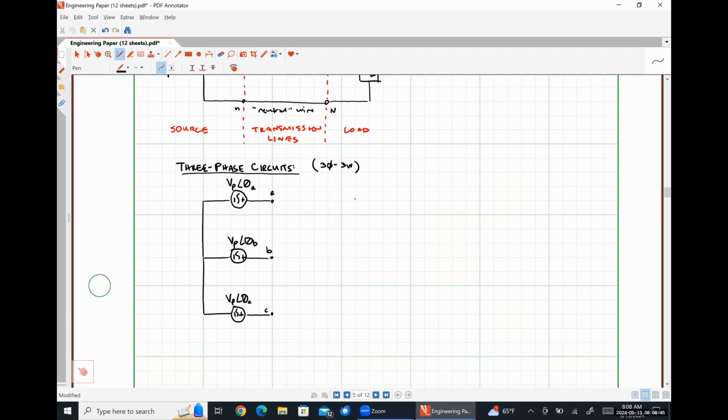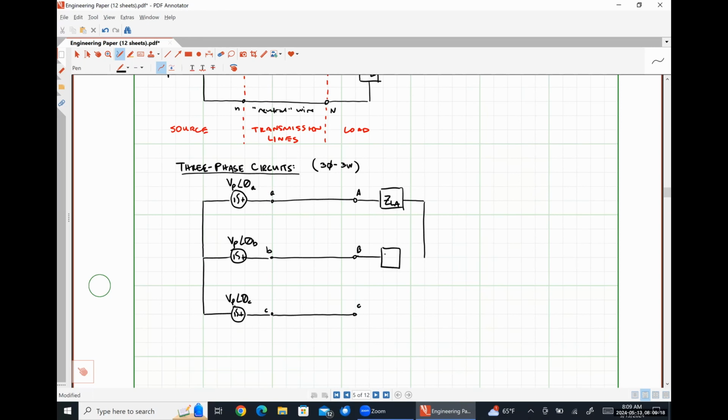And once again here, we've got a transmission line network connecting lowercase a to uppercase A, lowercase b to uppercase B, and lowercase c to uppercase C. And then we have a three-phase load over here. I'm going to call this ZL, so this is a load impedance, and the subscript A just corresponds to the A phase of the load.